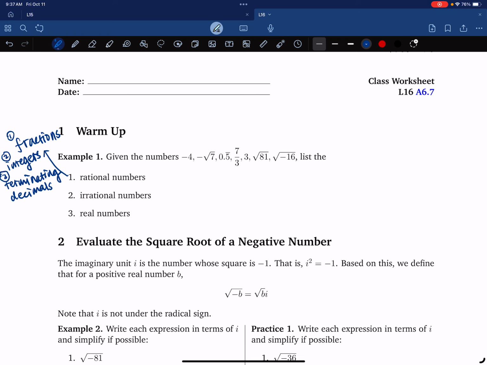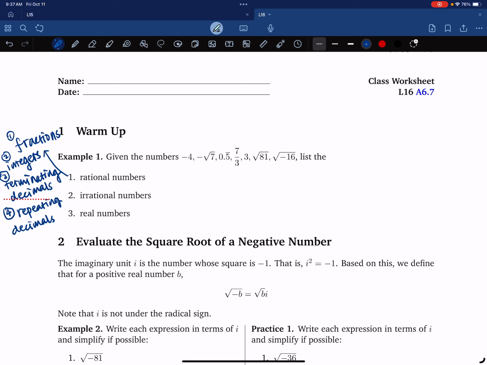So we have fractions, integers, terminating decimals, and then there's also repeating decimals. And these are common categories of rational numbers that you will see. So let's use this to list out all the rational numbers from the list.